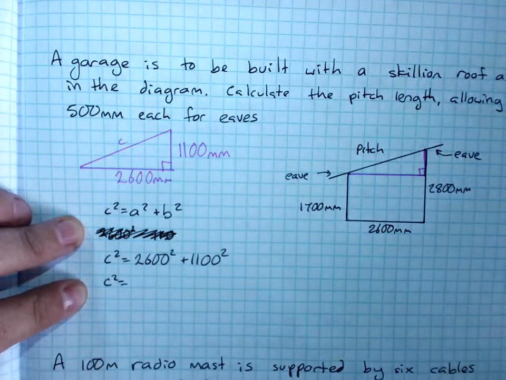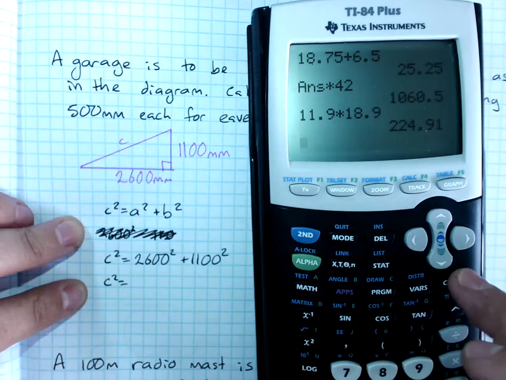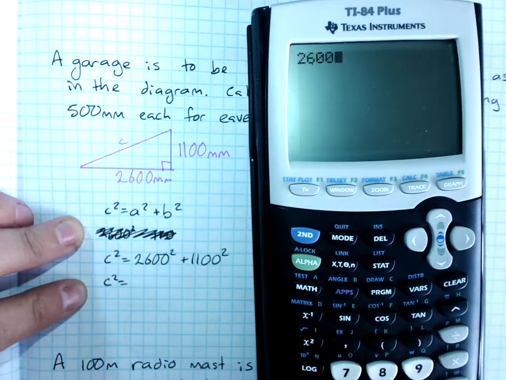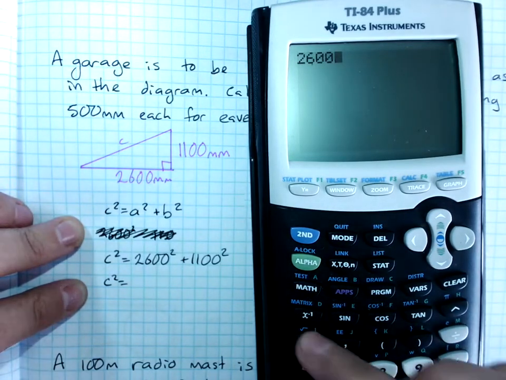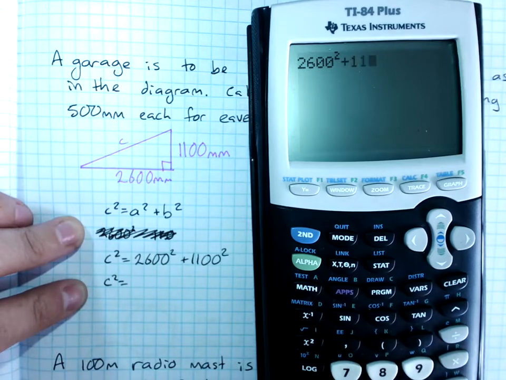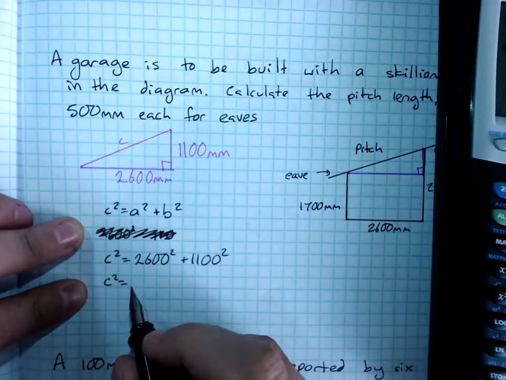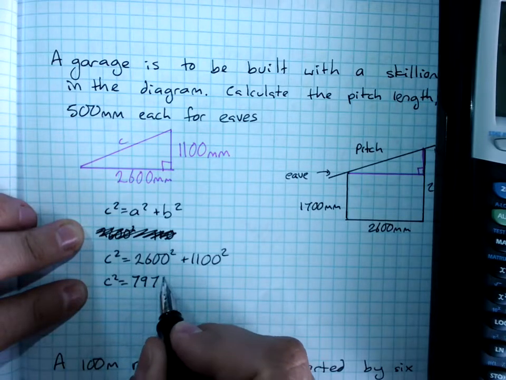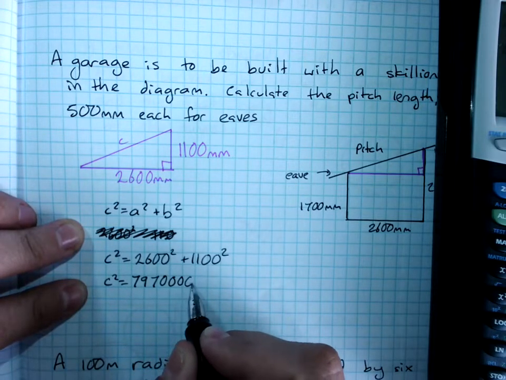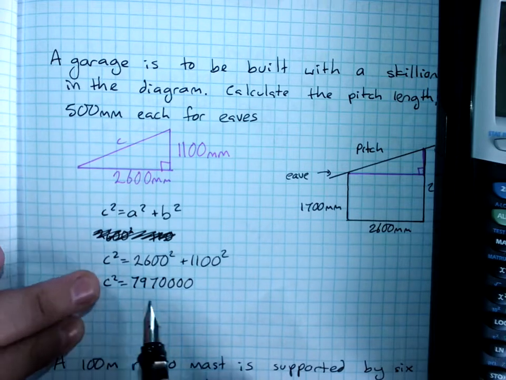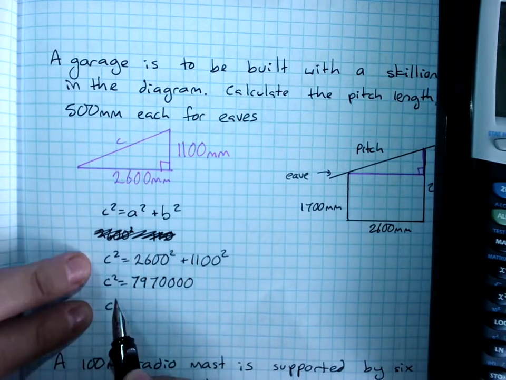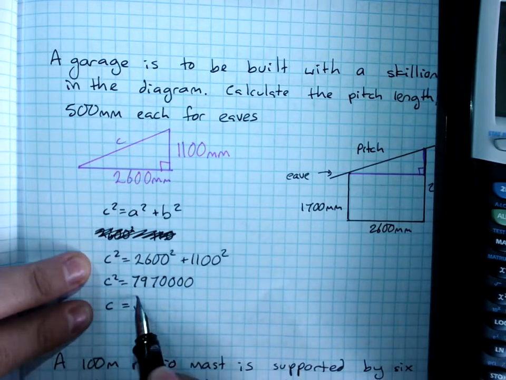Evaluate C squared. Quite a large number. Now, that is C squared. We want C, which is the square root of that.